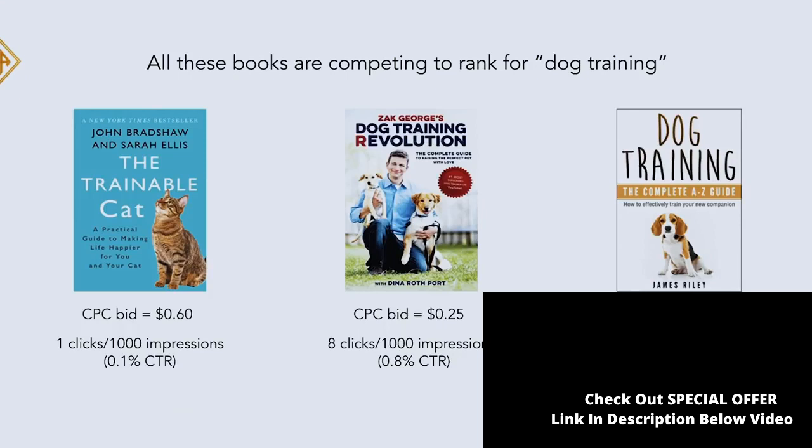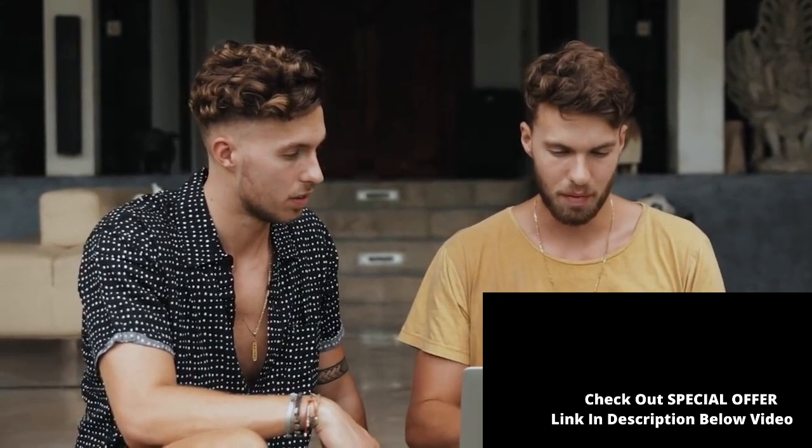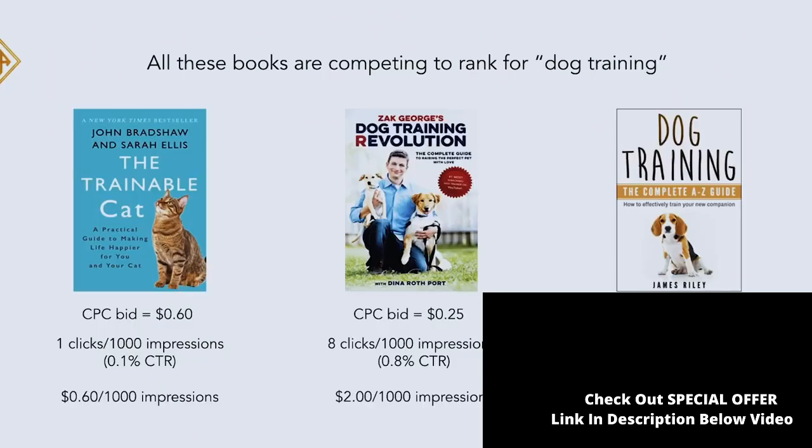Considering that these statistics hold up, which I think they would, per 1,000 impressions the cat training book would be generating 60 cents for Amazon, because it's 1 click for every 1,000 impressions at 60 cents. Then you have the famous dog training book, Dog Training Revolution: 25 cents times 8 clicks means Amazon is making $2 for every 1,000 impressions.